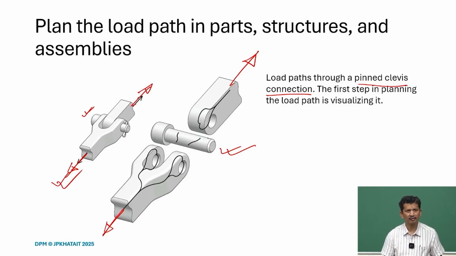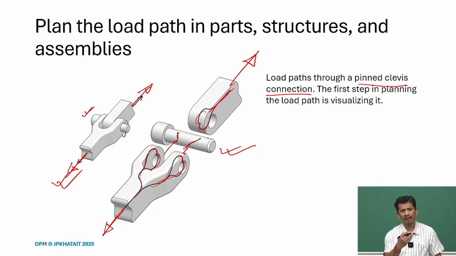If we can see through and visualize, we realize that okay, it will be on these parts. That's how it will be coming, and on the pin, this is where it will be applying the load, right.